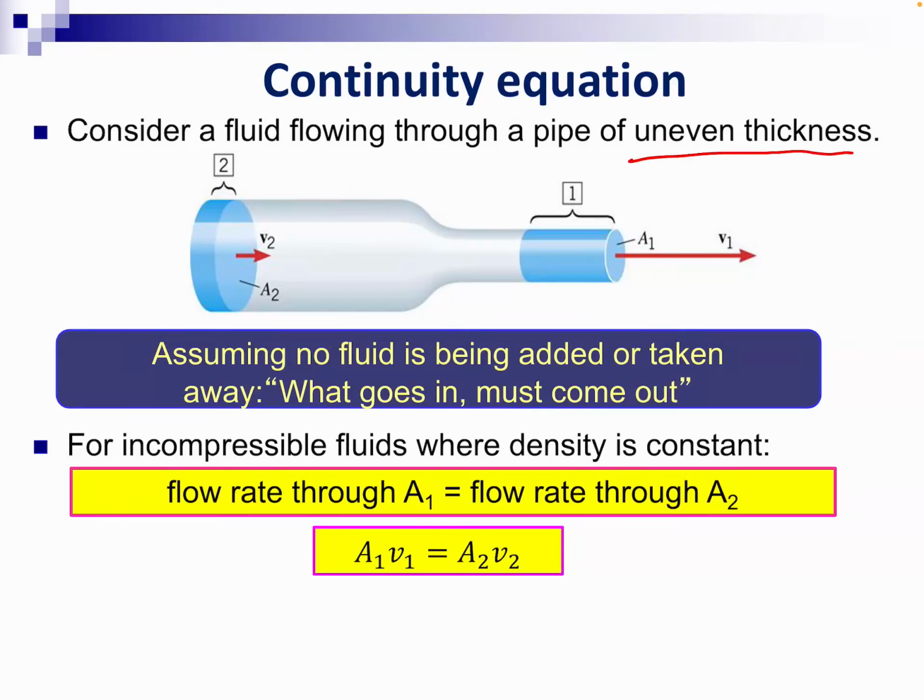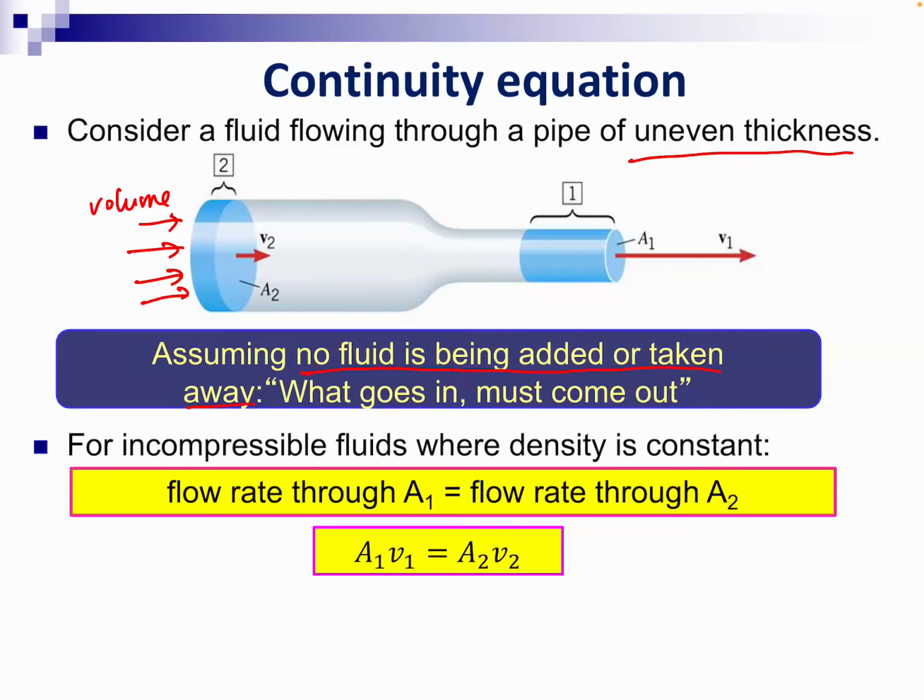The thing to remember is that, assuming no fluid is being taken away or added as the fluid passes through the pipe, then whatever comes in on one end, the volume of fluid coming in on one end, should be the same volume of fluid coming out the other end, because no fluid is being added or removed.